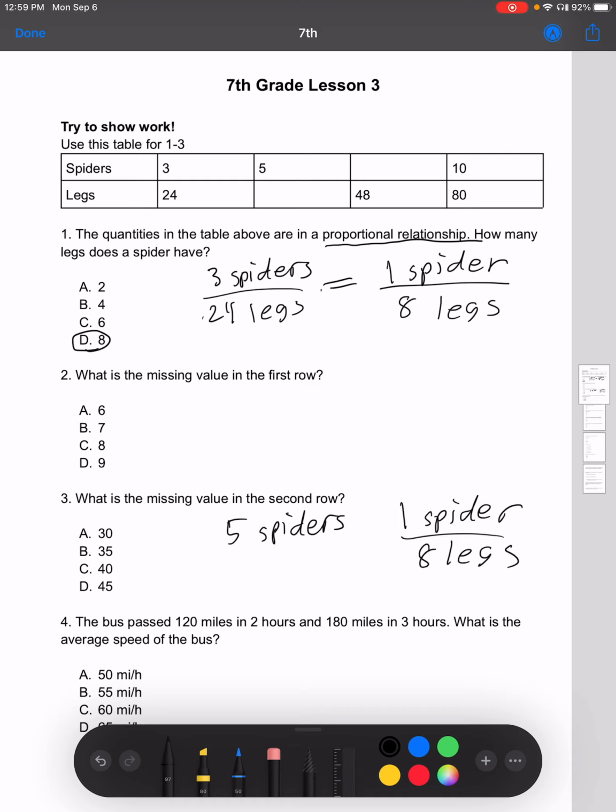If one spider has 8 legs, we multiply 5 spiders by 8 to get 40 legs. If one spider has 8 legs, 5 spiders will have 40 legs. Again, this is just a proportion. Therefore, our answer will be C.